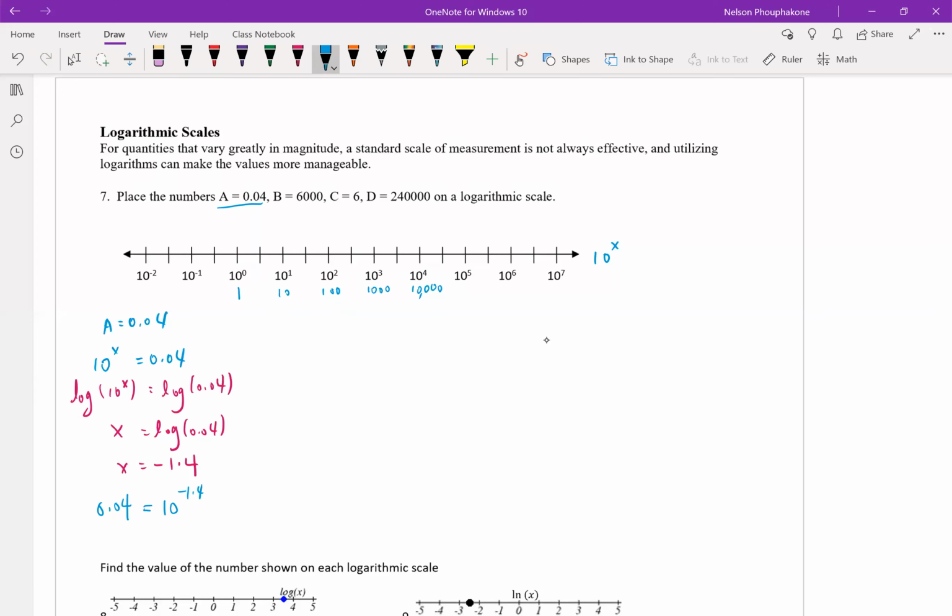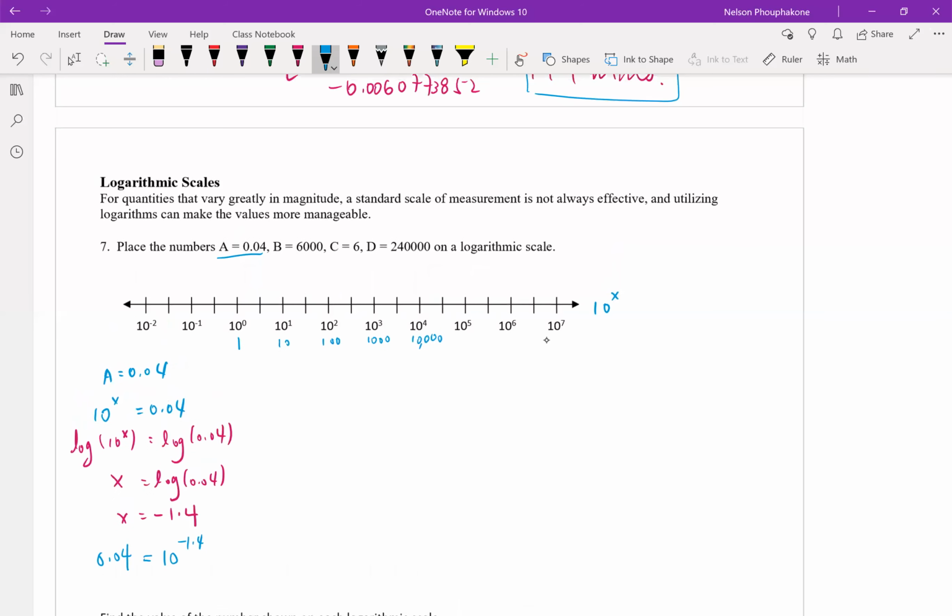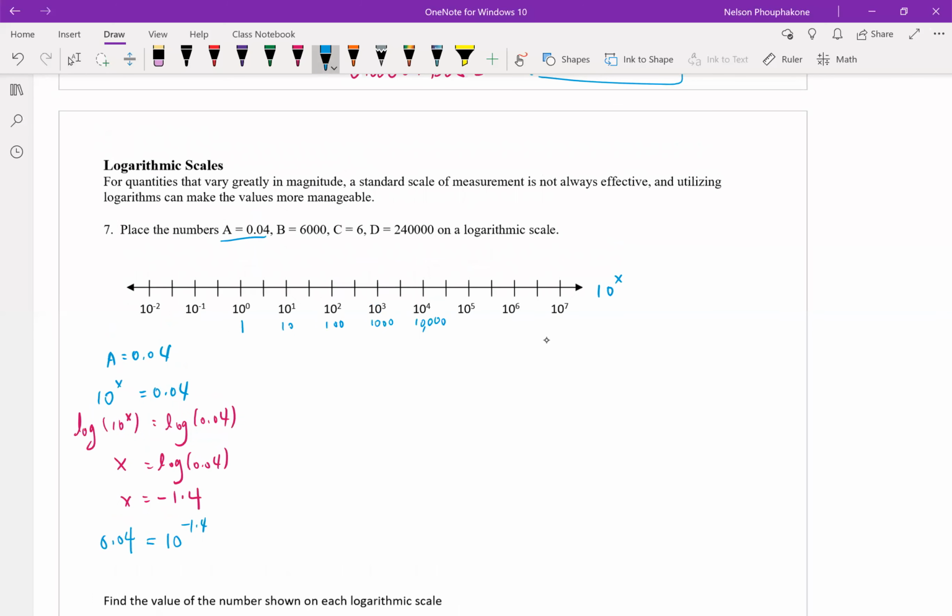Then let's see where A is. If this is 10 to the negative 1, then this one right here must be 10 to the negative 1.5, right? Then 10 to the negative 1.4 is somewhere here. So this is my A value.